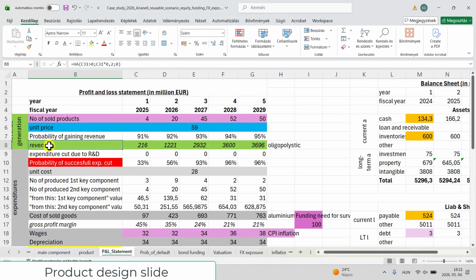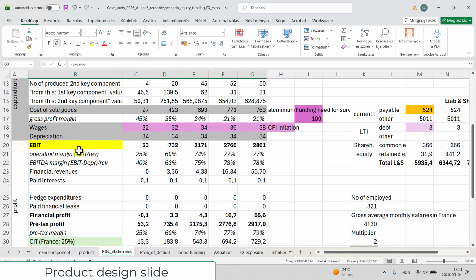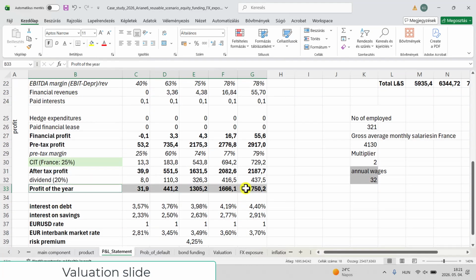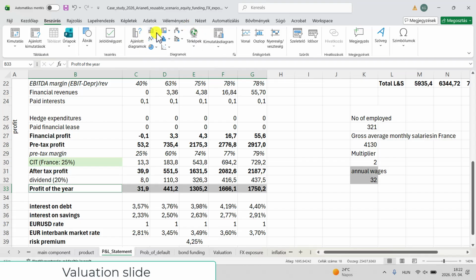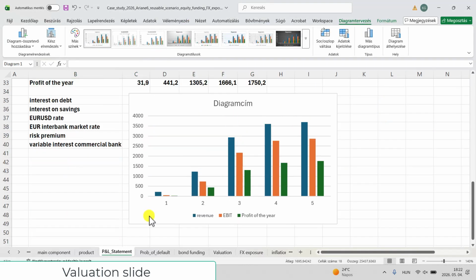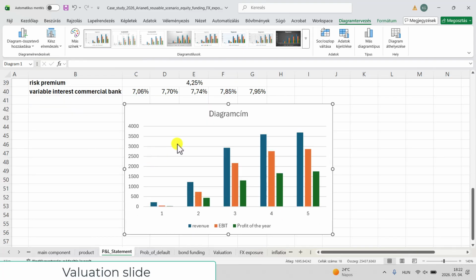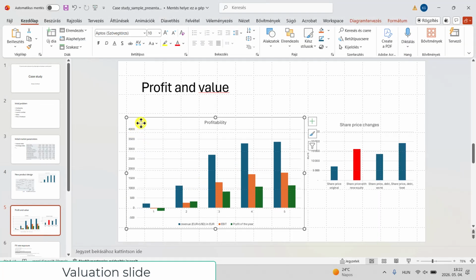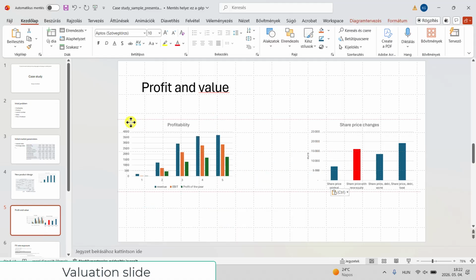So revenue, EBIT, and profit of the year. We still have to update this one with the new numbers.